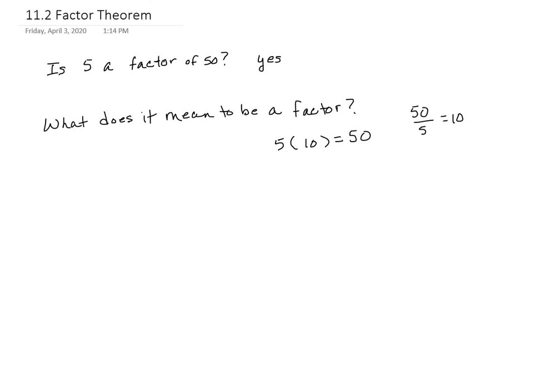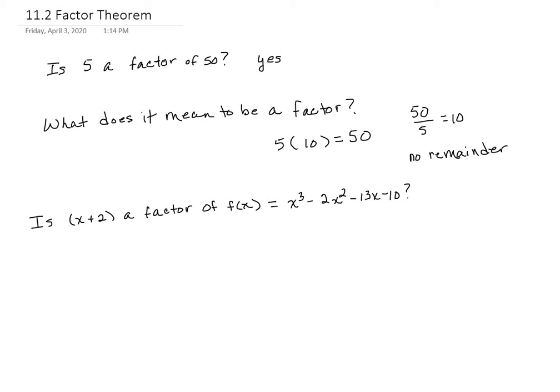Another way to look at it is to take 50 and divide it by 5 and get 10. What I want you to see here is that there's no remainder. Okay, so if you have a factor, the remainder equals 0.